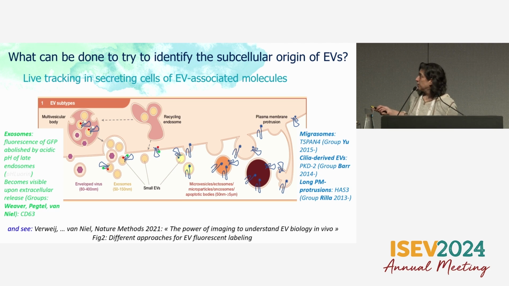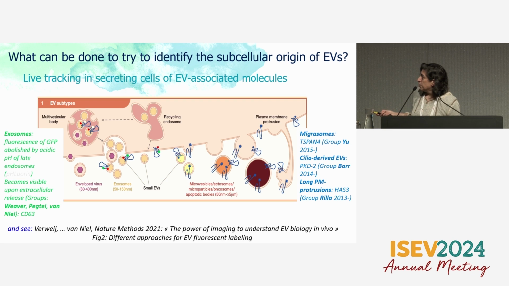This has been done, for instance, by using some specific molecules that have been shown to be specifically expressed on particular subtypes of large EVs coming from the plasma membrane: the migrasomes, the cilia-derived EVs, or long plasma membrane protrusions. Using fluorescent forms of these molecules, these groups could show that these large EVs were formed and released from the plasma membrane of these cells.